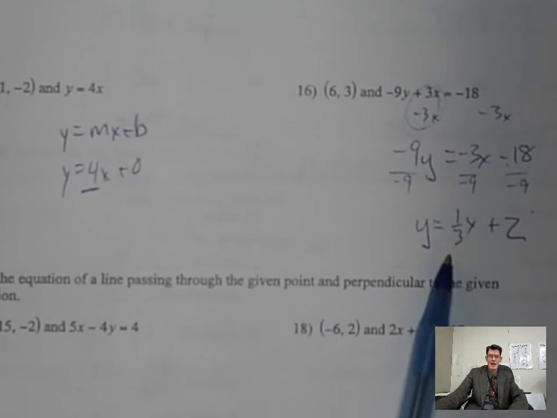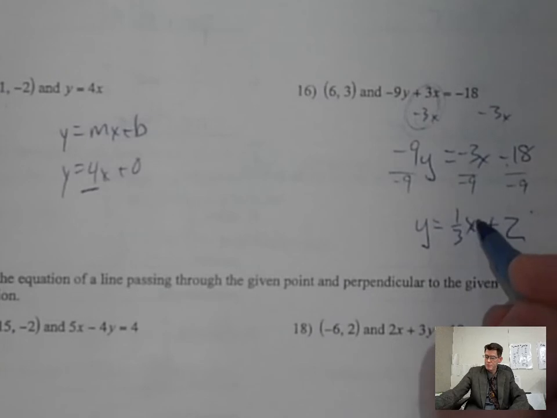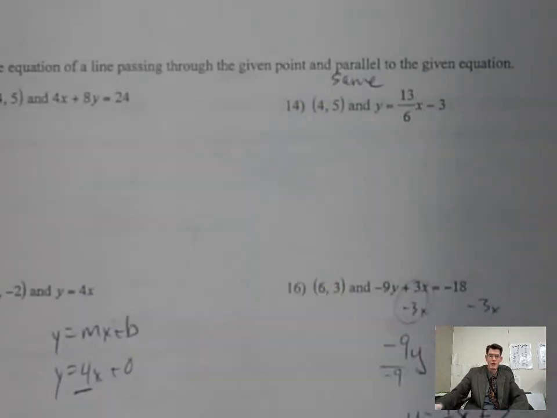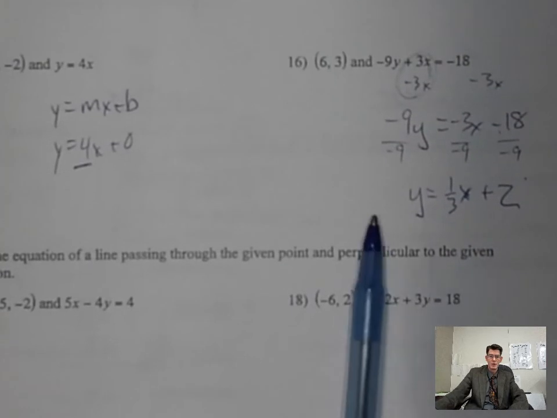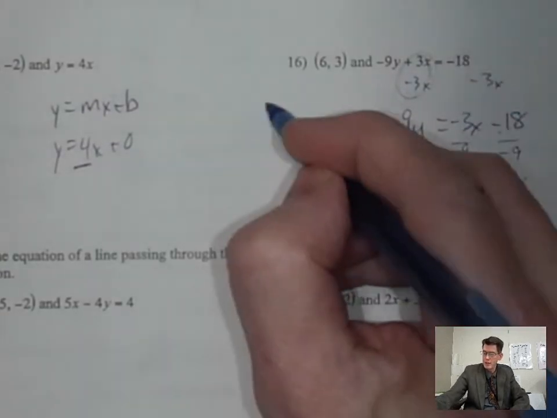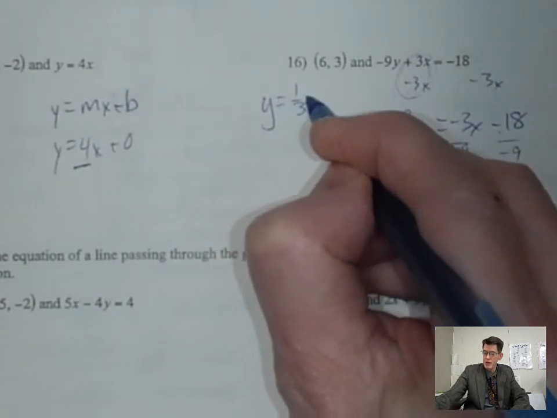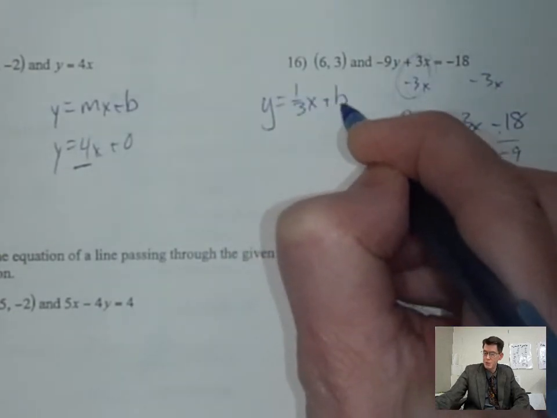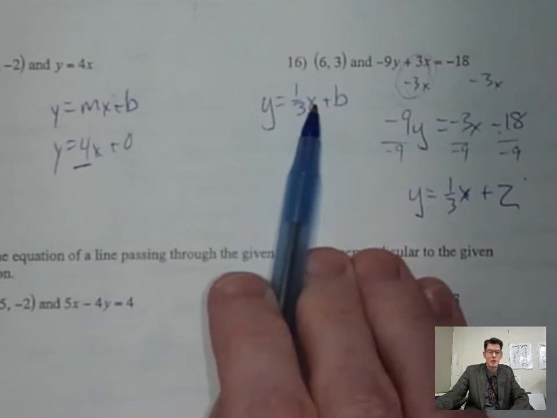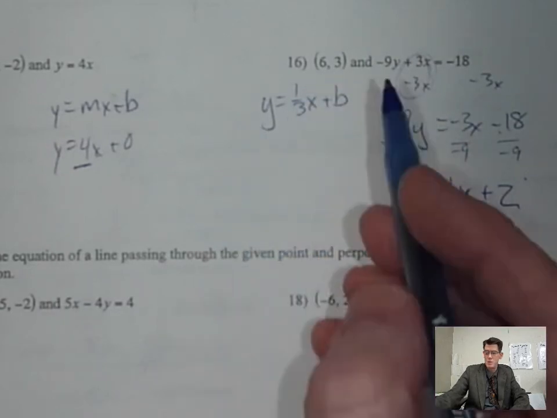I've done that so that now I have the slope. It's 1/3. I want a line parallel. So here we go. That 1/3 gets put into the new line. Y equals 1/3 x plus b. And simply put these x and y numbers into x and y and solve for the b.